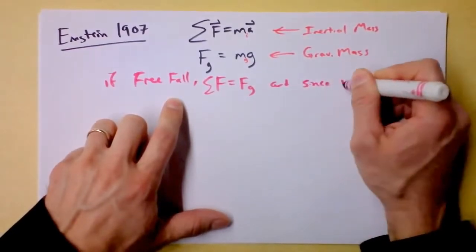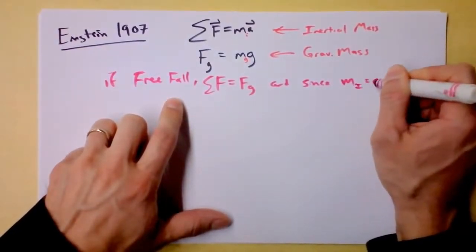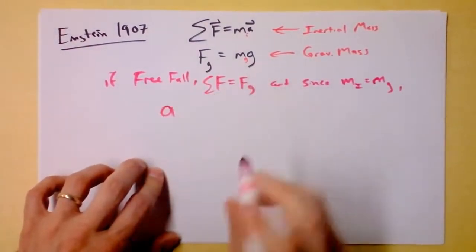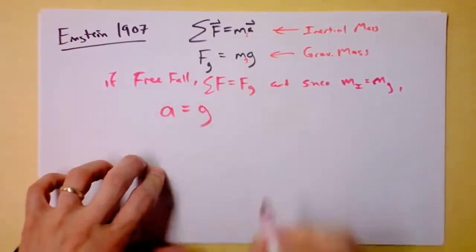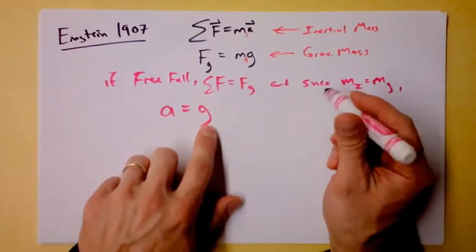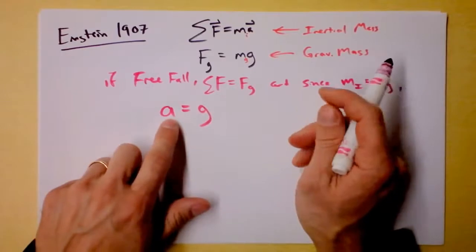And since inertial mass is equal to gravitational mass, the acceleration of something in free fall is baby g, which is the strength of the gravitational field, but it also has units of acceleration, and it is in fact the acceleration of something in free fall.